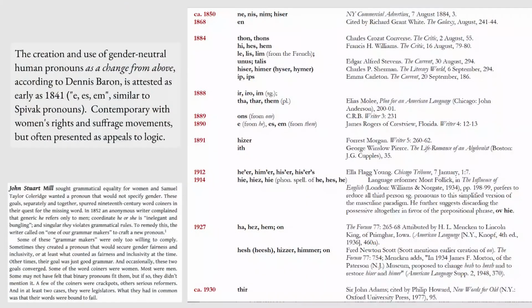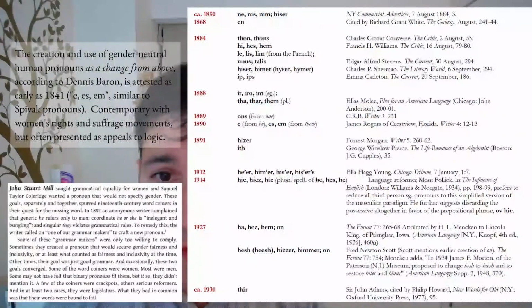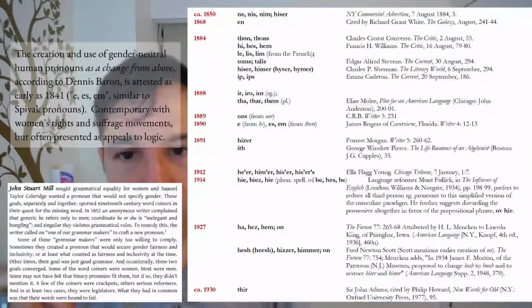And the work of Dennis Baron reminds us that the creation and use of gender-neutral human pronouns as a change from above, that is, someone saying, as they might with y'all, we don't have one, we should have one, let's make one, is attested as early as 1841, with, he quotes, the ESM, which is similar to, for those of you who know computer science, Spivak pronouns in certain computer languages.